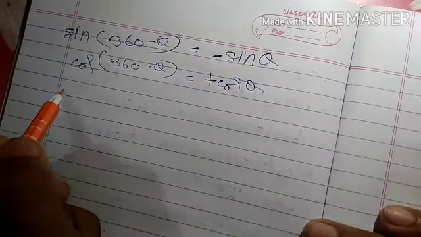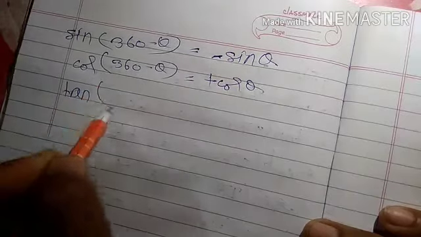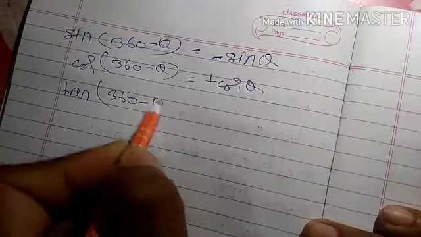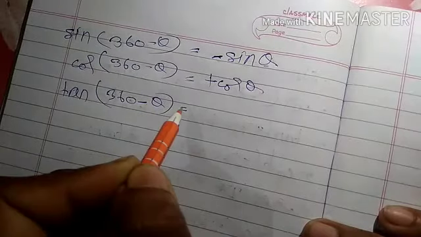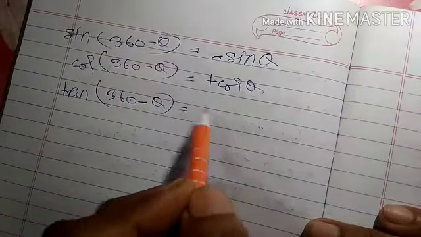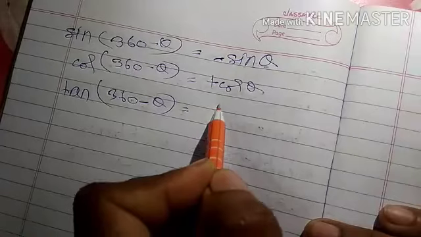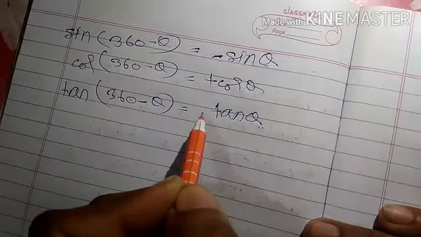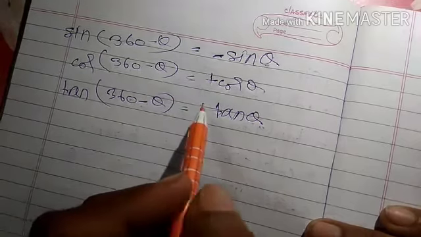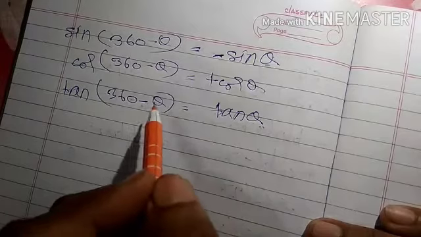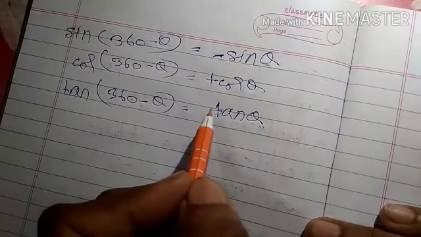So next, tan 360 minus theta. Functions change is not allowed, so tan theta, and 360 minus theta is in the fourth quadrant, where only cos theta and sec theta are positive, so tan theta is negative.